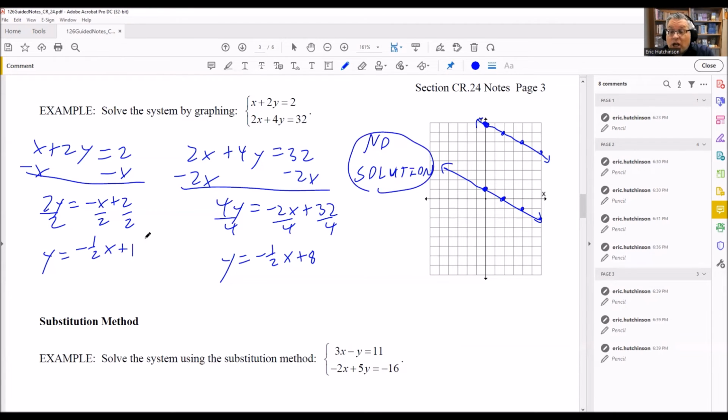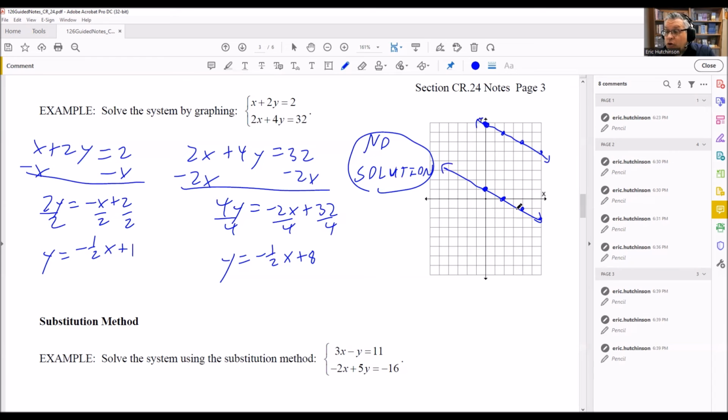Now let's suppose that both these lines were exactly the same equation, which means that all you would see is one line here. In that case, where you just have one line, that would be considered infinite solutions. So if you've got two lines that are parallel, it's no solution.